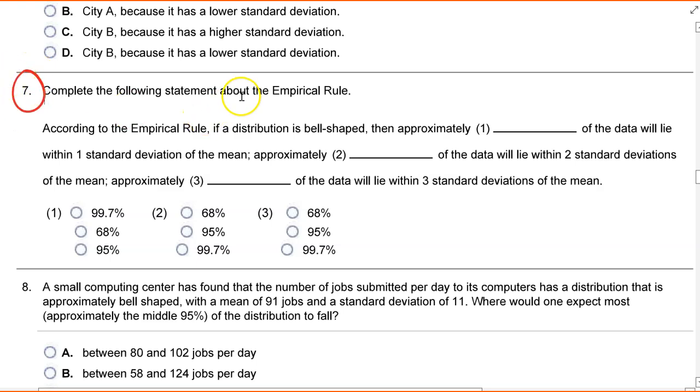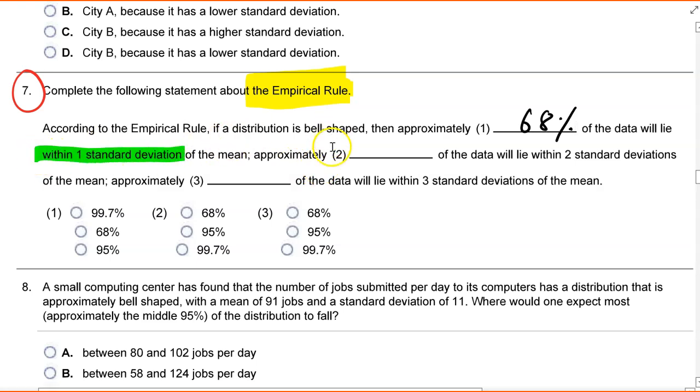Complete the following statement about the empirical rule. Notice that this is a very important rule in this section. You might know the empirical rule from the PowerPoints or my lecture video. I'm not going to go into detail because I talk about the detail in the lecture video. According to the empirical rule, if a distribution is bell-shaped, then approximately 68% of the data will lie within 1 standard deviation of the mean.